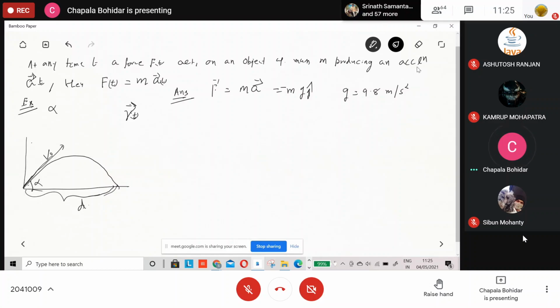So a is equal to minus g j, with a negative sign here. Now from here, find out the value of v(t). You know, already done.